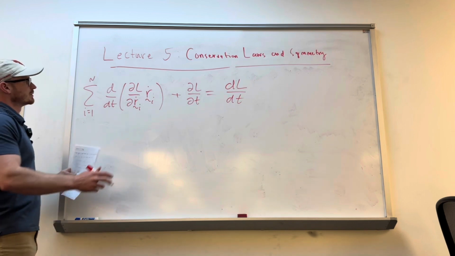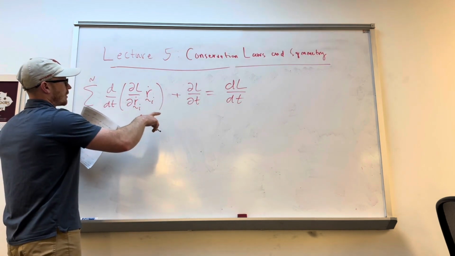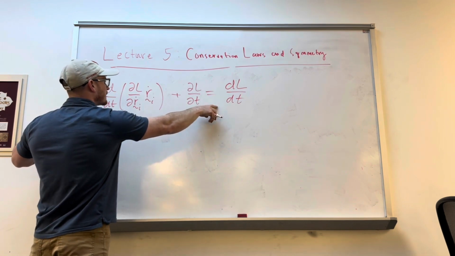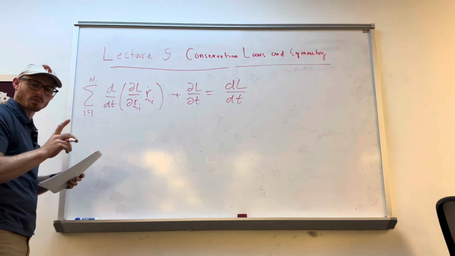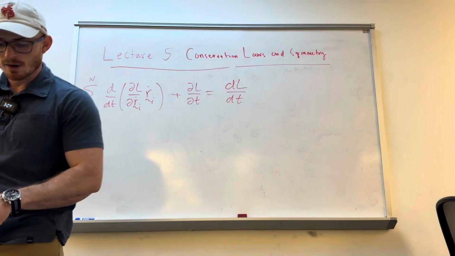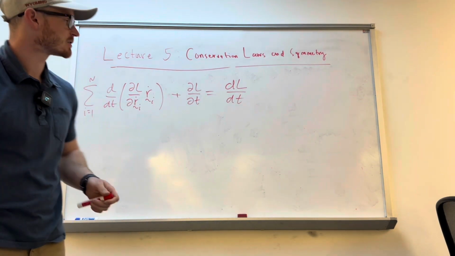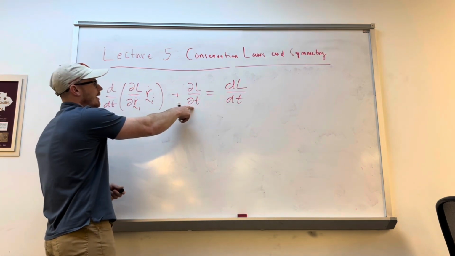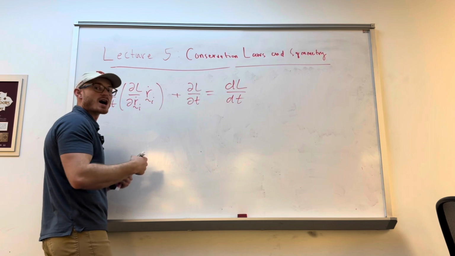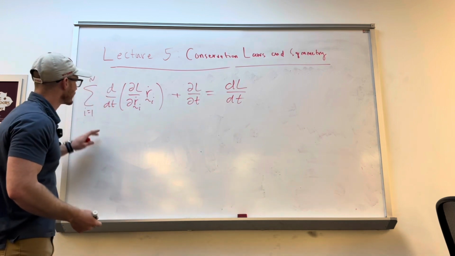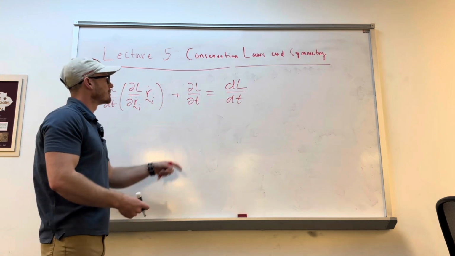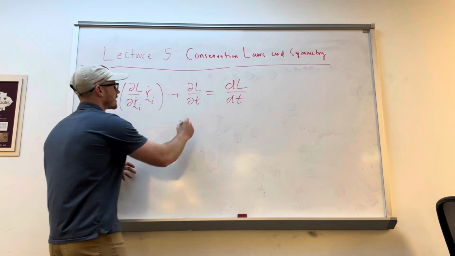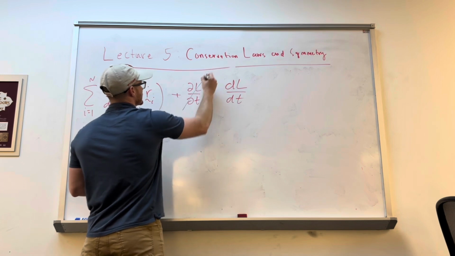And now what I'm going to do is take all of these terms and combine them under this d dt. Now before I do that, I want to make an assumption here. And this is a really important assumption. We're going to assume that our partial L partial t does not depend on time. So this equation here is quite general. But now we're going to say, okay, if the Lagrangian is not explicitly dependent on time, then this term is 0.